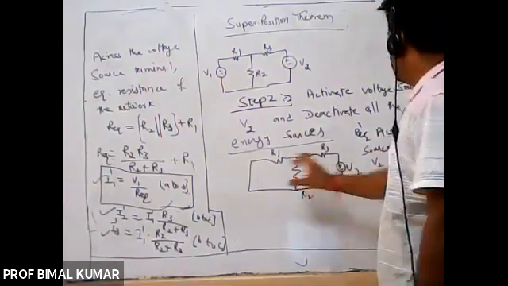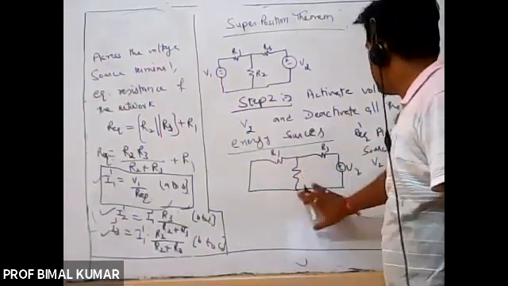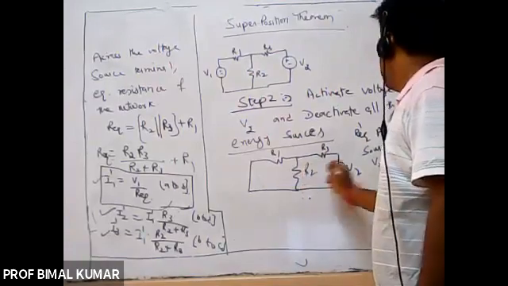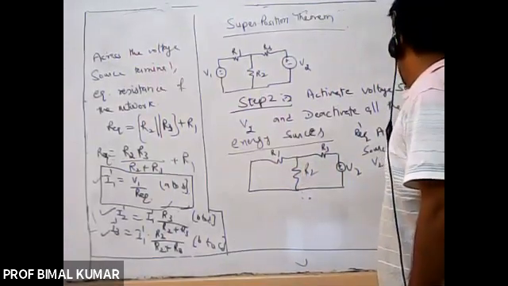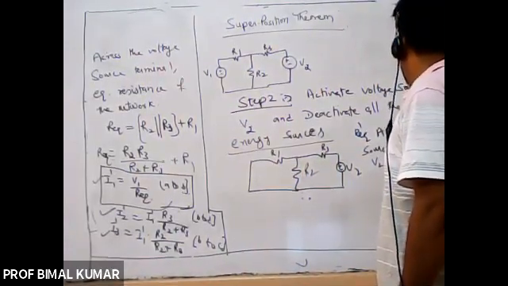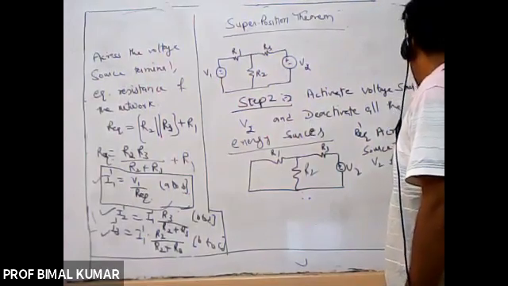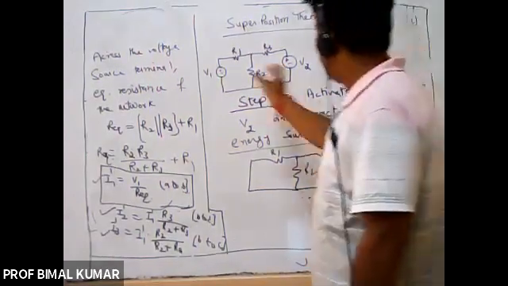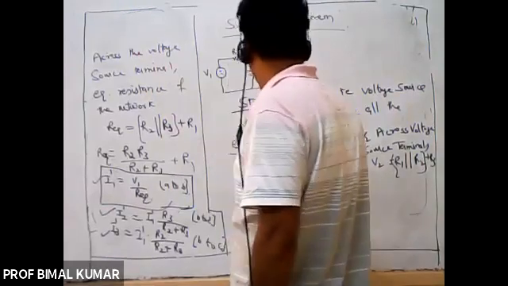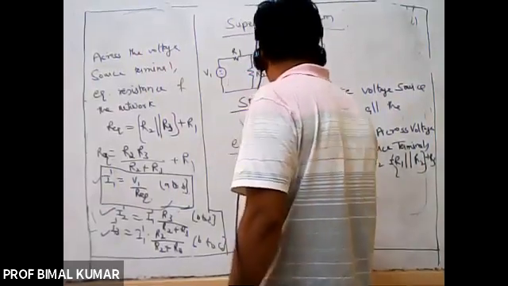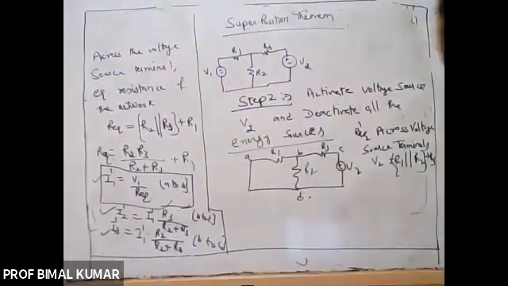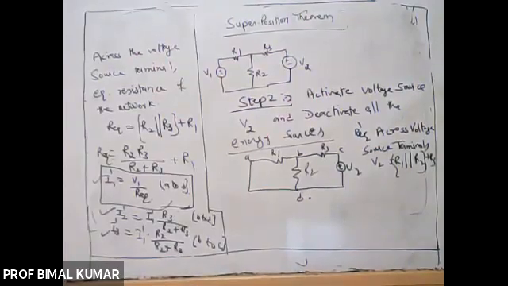Now see here, R1 is in parallel with R2, and this combination is in series with R3. I am taking the terminals as the same. This is your terminal A, B, C and D, right? So that direction will be compared.